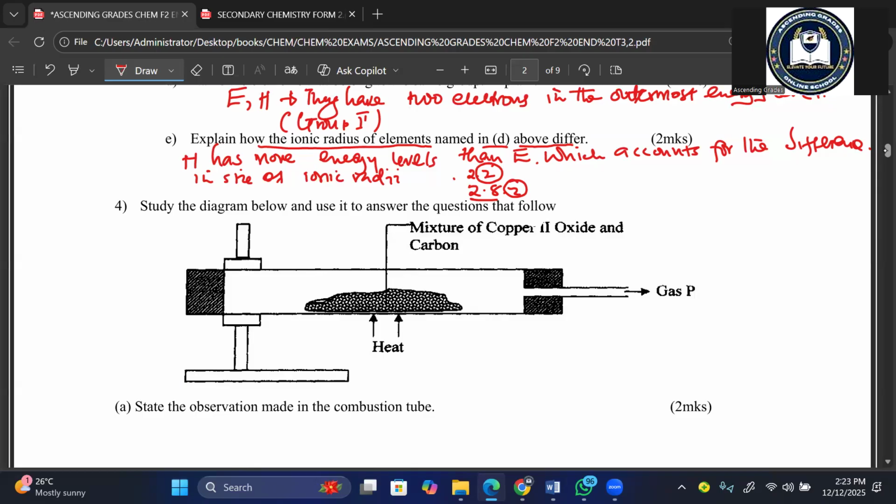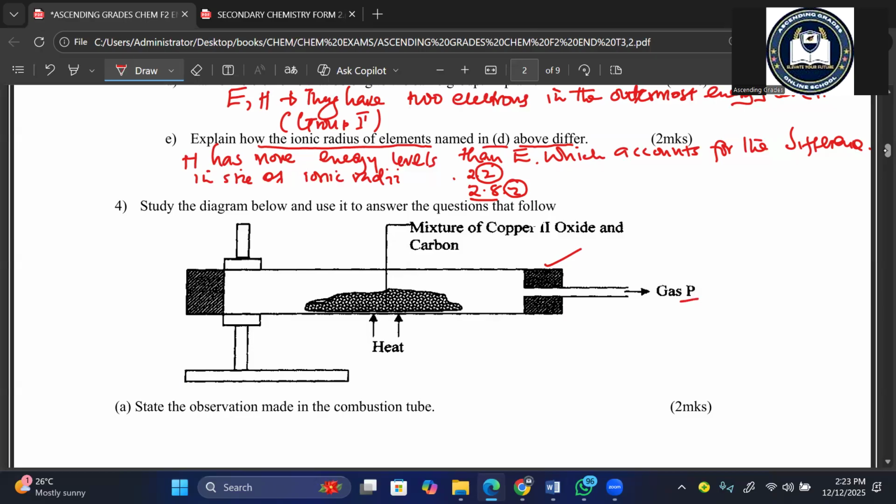The diagram below, we are told to study heat. Use it to answer the questions that follow. We have a combustion tube, we can say so. We have gas P, which is being produced.